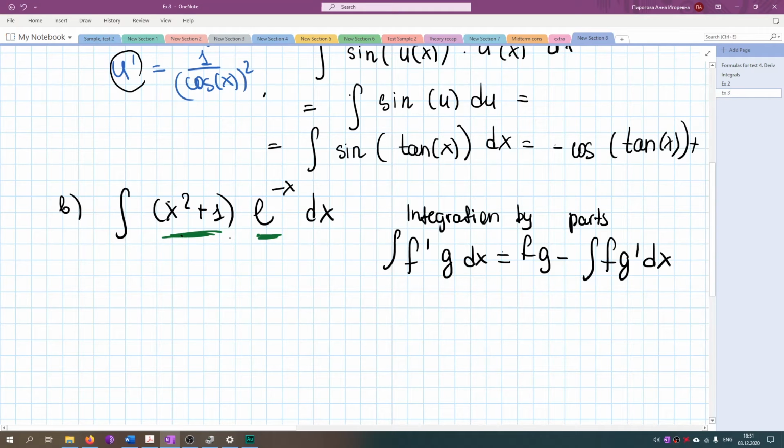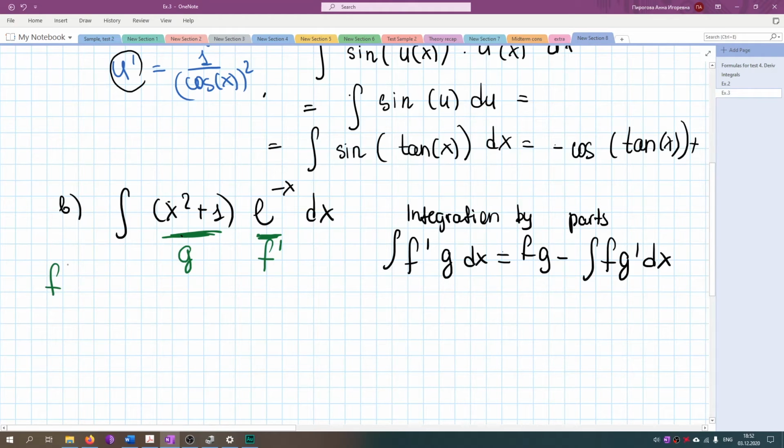In our case we will take e in the power of minus x as a derivative of f function, and the part with x squared plus 1 we will take as a g function.